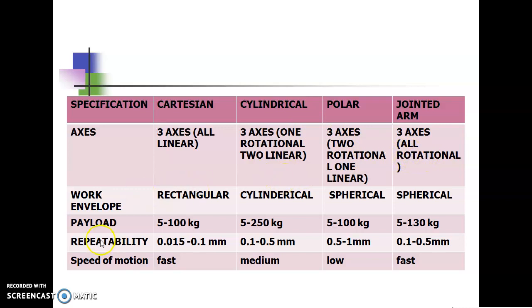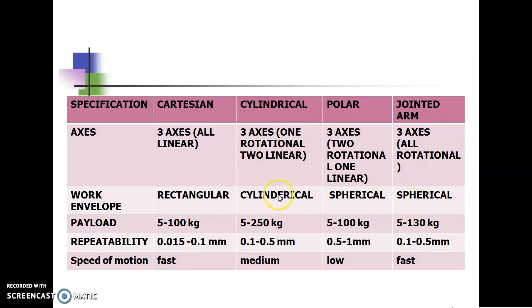The work envelope it develops is a rectangular work envelope, a cylindrical work envelope, a spherical work envelope, and this is also almost a spherical work envelope. So when we take the work volume, this is going to be smaller and it is continuously increasing.